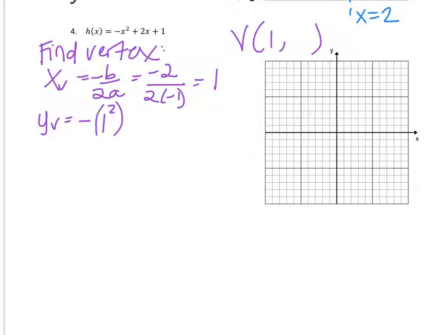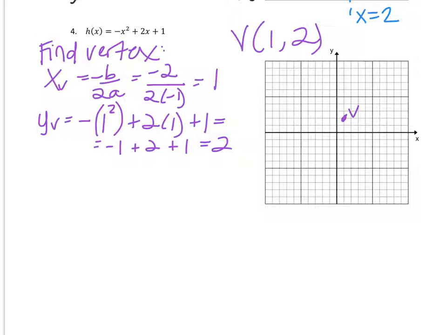Make sure you realize that the negative is not included in the square, otherwise you're going to get a different value. So 1 squared is 1. Then I negate it, so I have a negative 1 plus 2 plus 1. So I end up getting a 2. So my vertex is (1, 2).